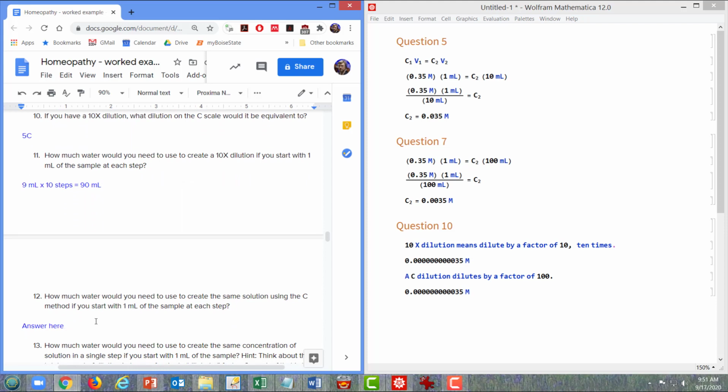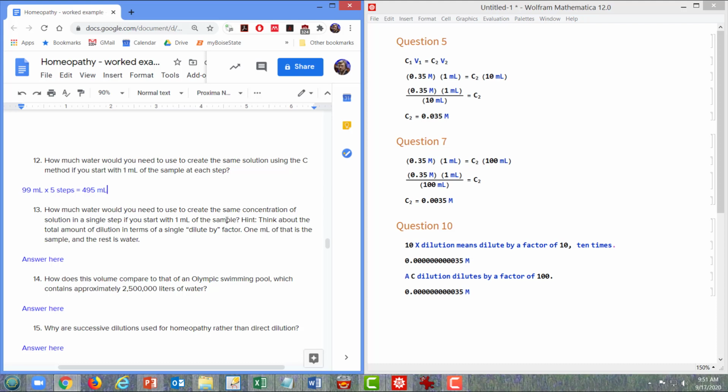How much water would you need to create the same solution using the C method, so that means 5C, if you start with 1 milliliter at each step? If you start with 1 milliliter and dilute it to 100 milliliters, then you are adding 99 milliliters for each step times 5 steps equals 495 milliliters.